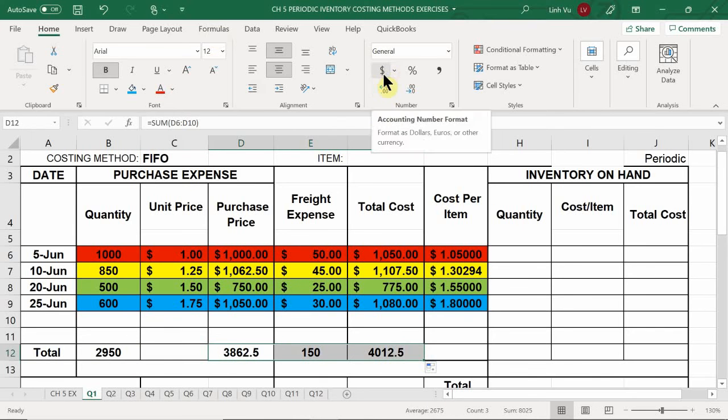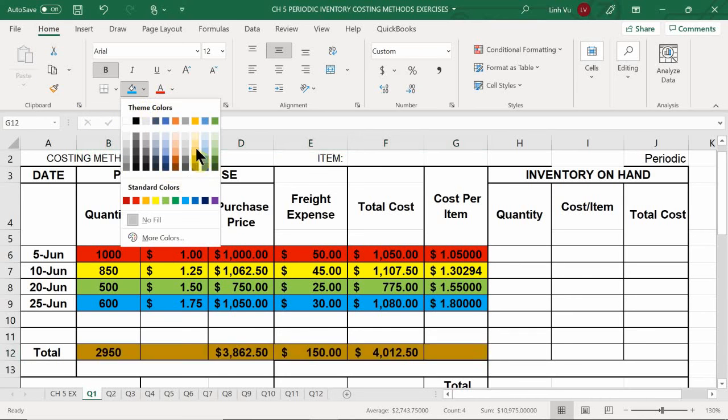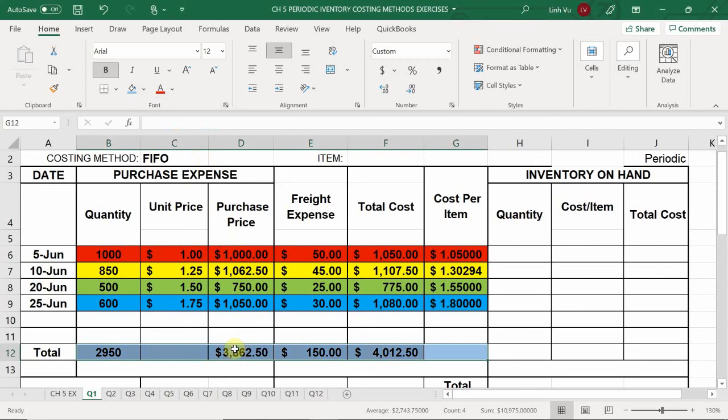So these are the numbers now, okay? And then I'm going to make sure I do this so we kind of know that this is all of our calculations. So let me see, maybe this light purple color. Okay, that's a calculation.